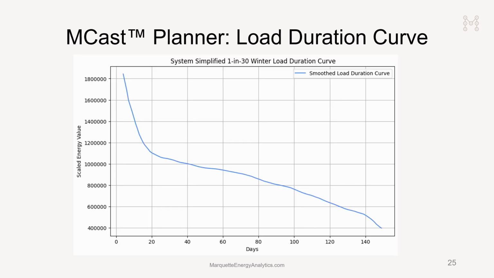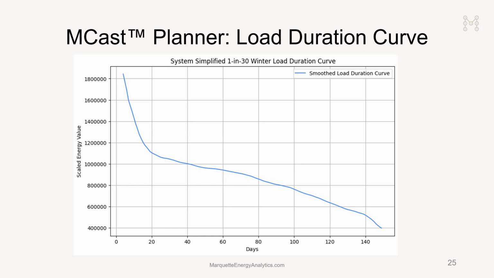Our cold 1 in 30 load value that we saw in the previous slide, roughly 135 million units or decatherms, is here represented as the total area underneath this curve, and the shape of the curve itself has been adjusted to match historical patterns for this area. This helps us make sure our forecasts are accurately aligned with the area's most recent weather and load trends. And with this, we have finally reached our goal, a predictive load duration curve.